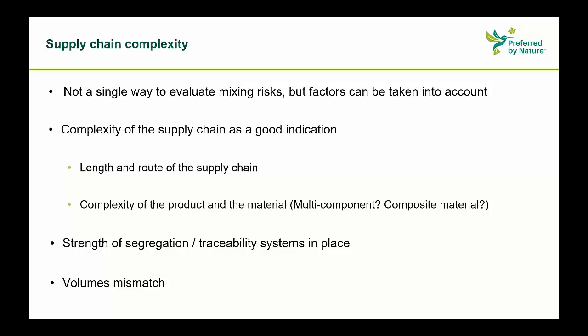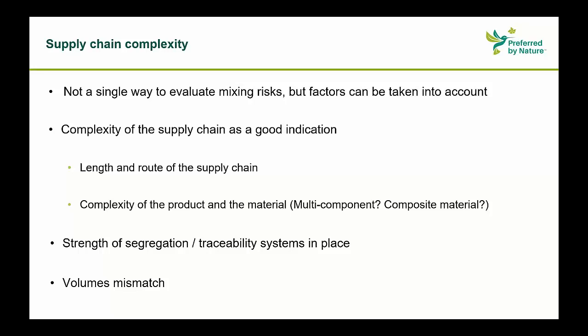And it's the same for composite materials, such as pulp and paper, panels with wood fiber. They're usually quite complex because they will mix timber from various countries and various species, which is okay as long as you gather the information on those countries and species, right?